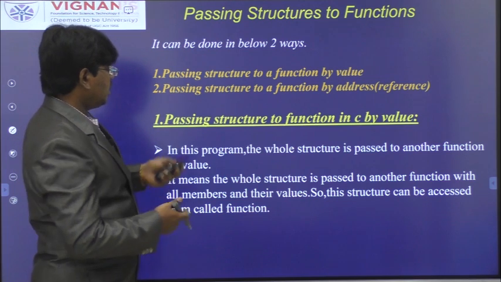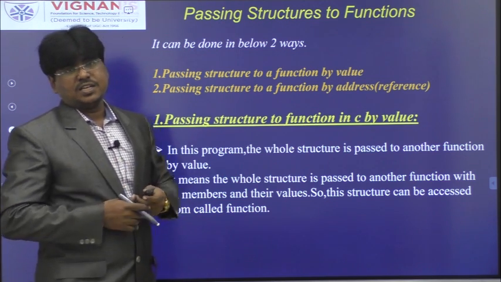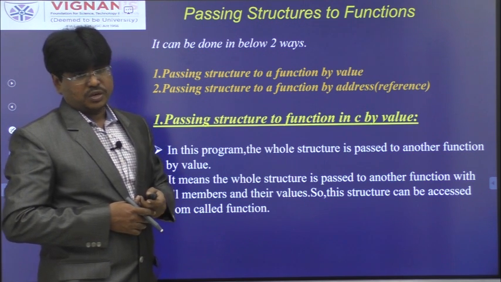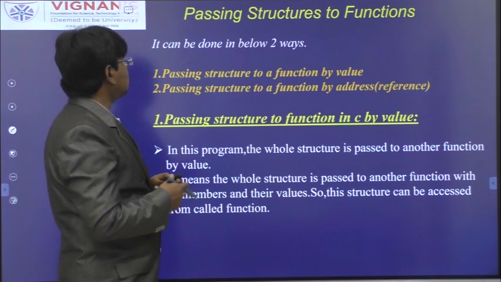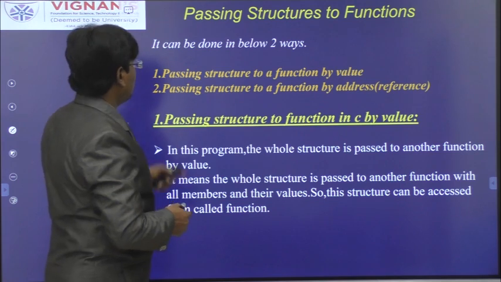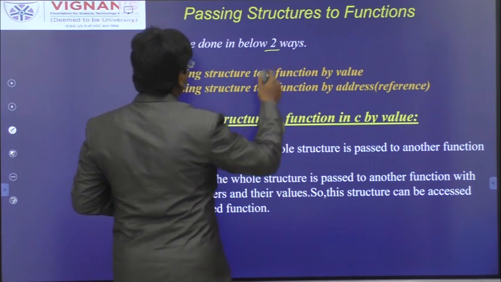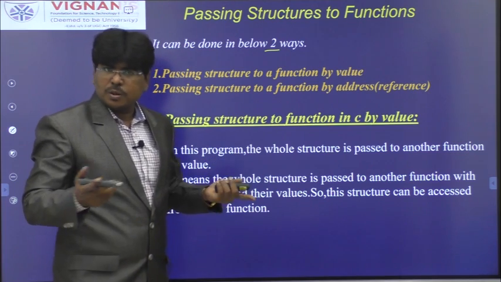In this particular concept, we are passing the structure from one function to another function. How will this structure be passed between the functions whenever a function call is made? There are mainly two ways. The first way is passing a structure to a function by value, that means the call by value concept.